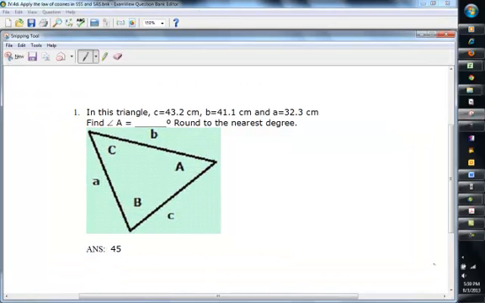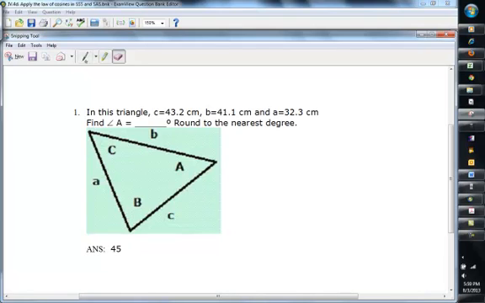In this triangle, C is 43.2 centimeters, B is 41.1 centimeters, and A is, oh, I've got the sides mixed up, just a second. I was doing them according to the angles. Let's do it this way.